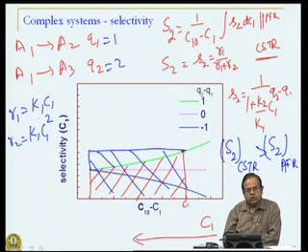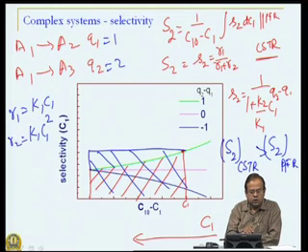Lower concentration, because it is squared in the second reaction, reduces the rate more as compared to when the order is 1.